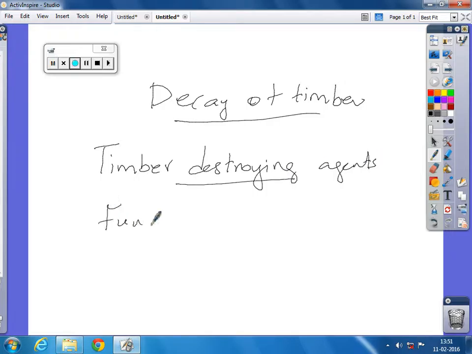Fungi, marine borers, and what else? Insects, termites. Yes, note down termites.